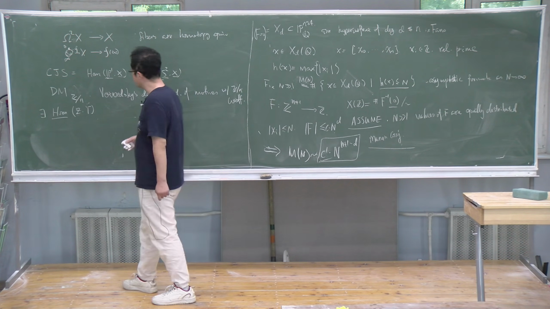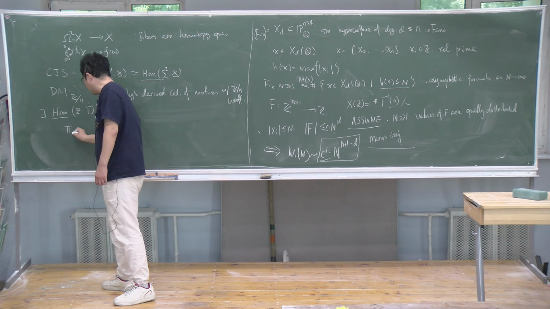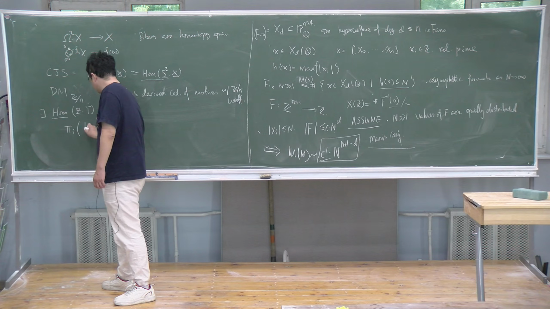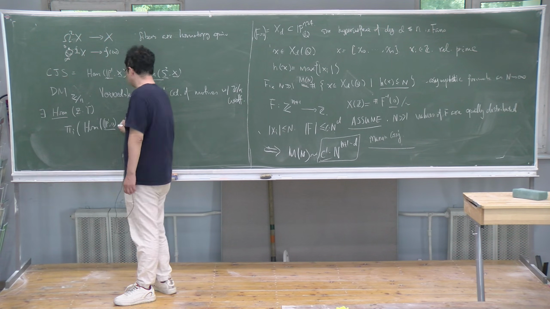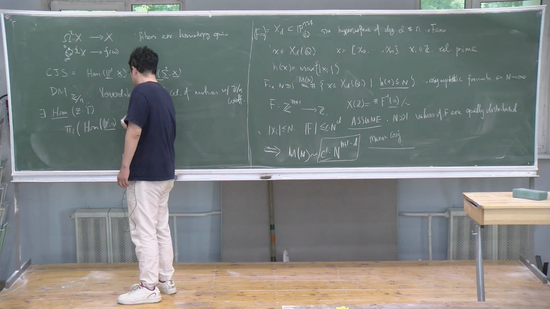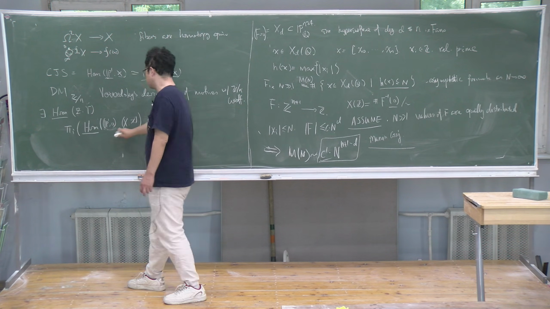So what I can try to understand is the pi i of this internal Hom from P1 to X. Okay. So this is also an object, an internal Hom.